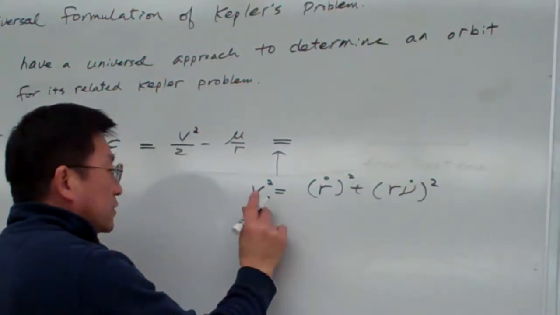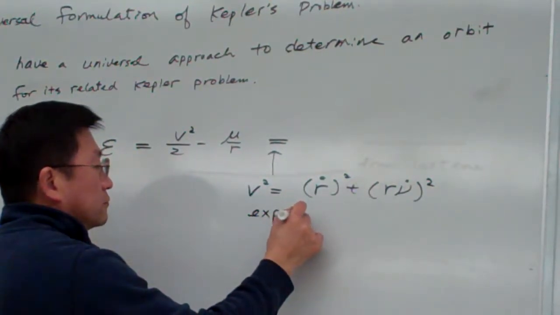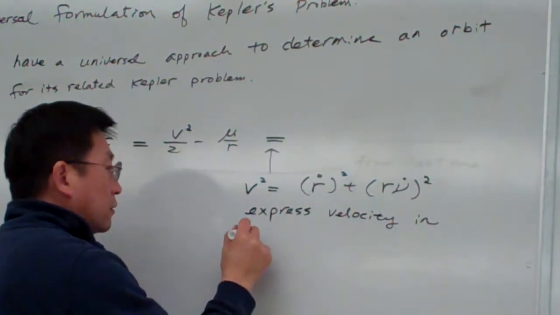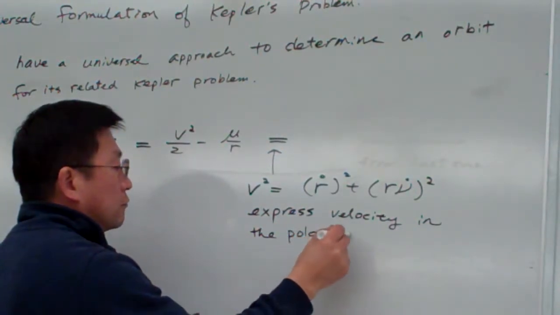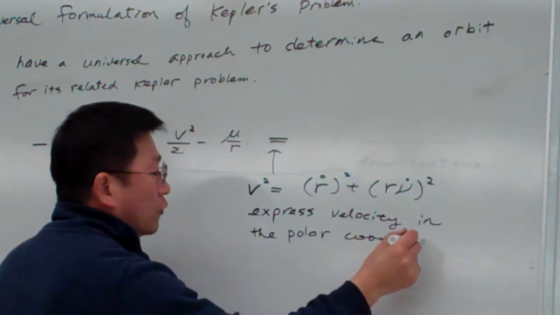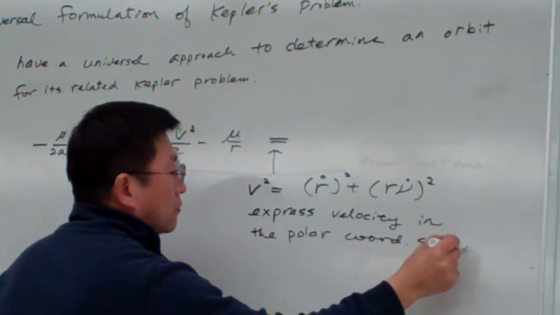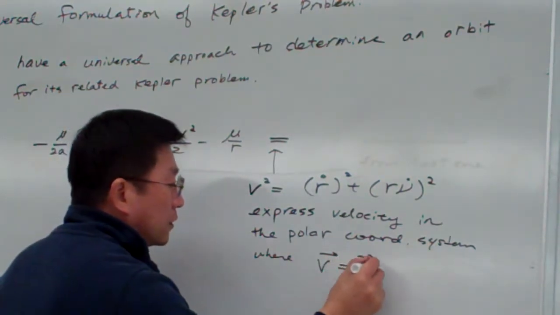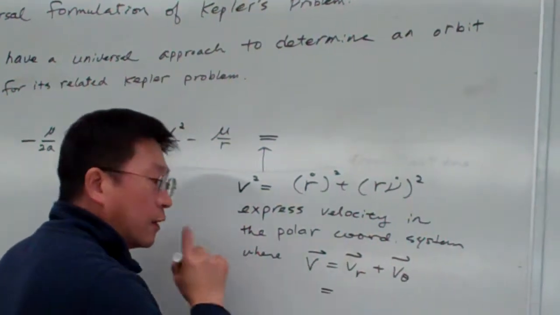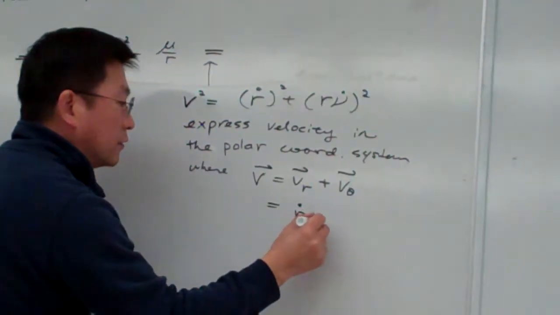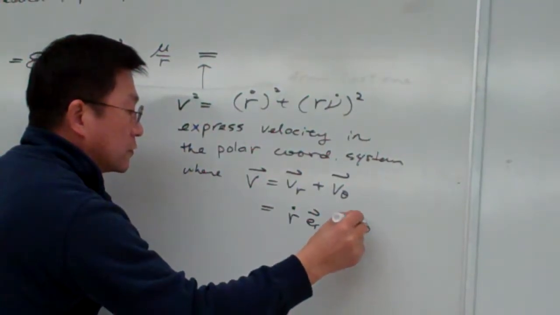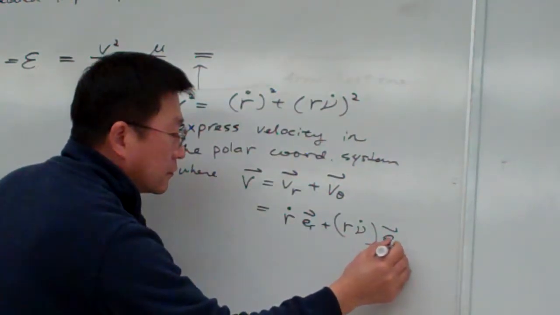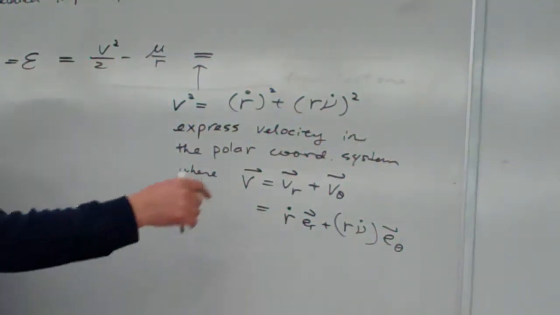So this is expressing velocity in the polar coordinate system, where V equals V_r plus V_theta, and V_r equals r dot e_r, and V_theta is r nu dot e_theta. Okay, nu is our true anomaly.